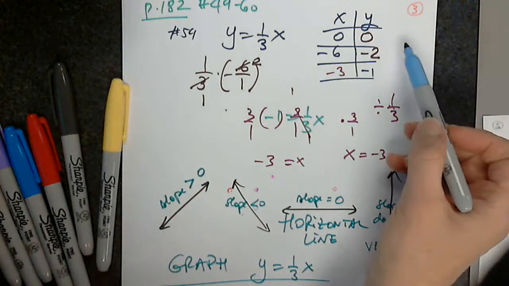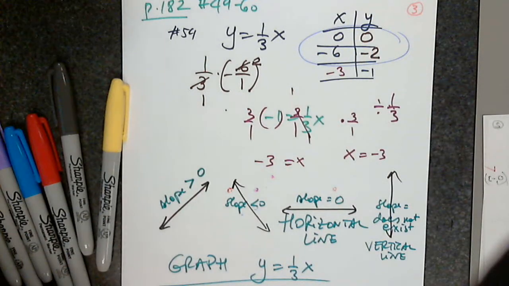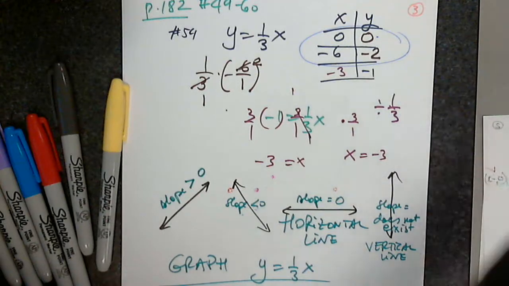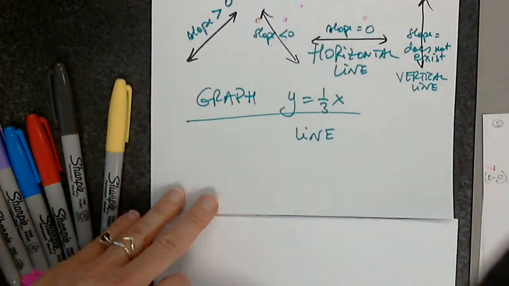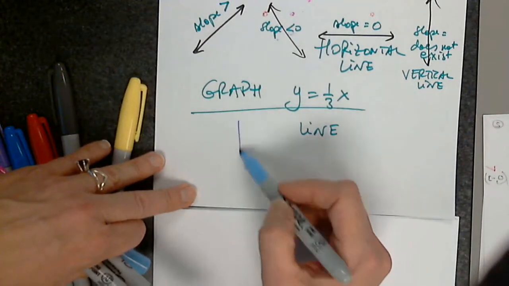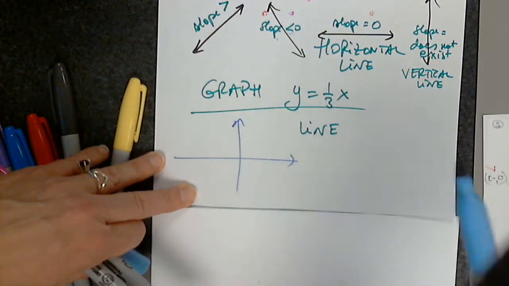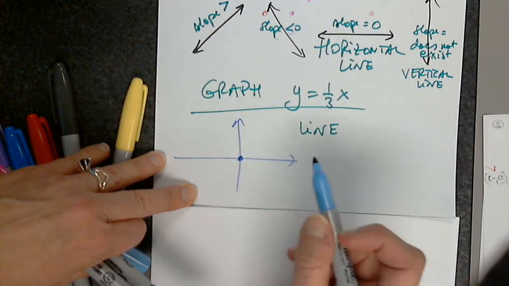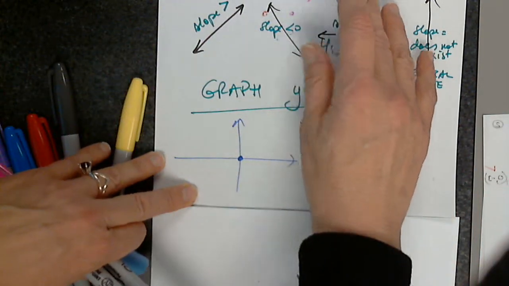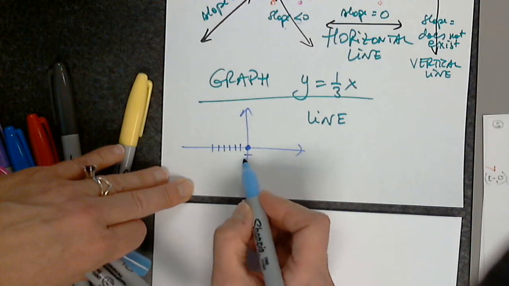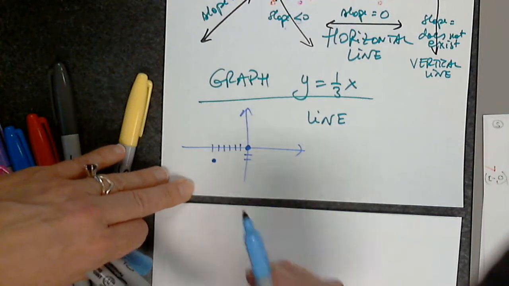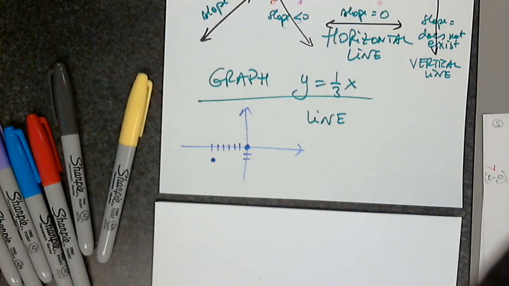Okay? I already have 3 points. I'm going to use 2. I'm going to use these 2, or this and this. It doesn't matter. So please tell me what to plot. So I have 0, 0. And I have -6, -2. I connect and extend the line.